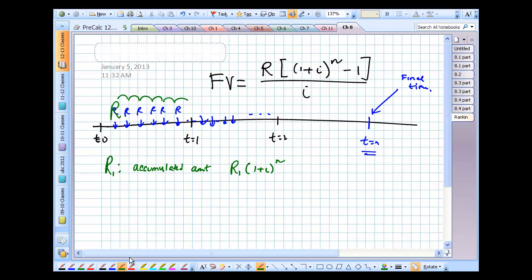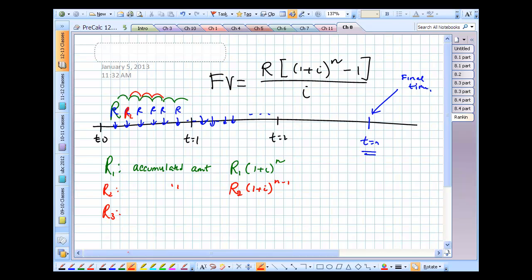And then if you're looking at your next payment here, I'll call this R2. It's the same idea. It's the same amount, right? So the accumulated amount will be whatever that R2 is. But then notice I'm going to multiply by 1 plus i, but not to the power n. It's not doing this n times, but I'm going to do it one less. So it's n minus 1.